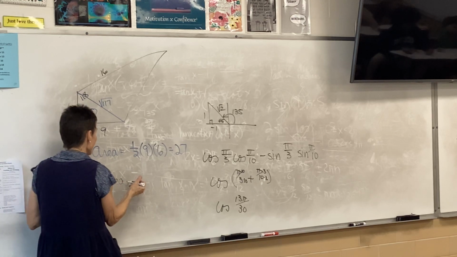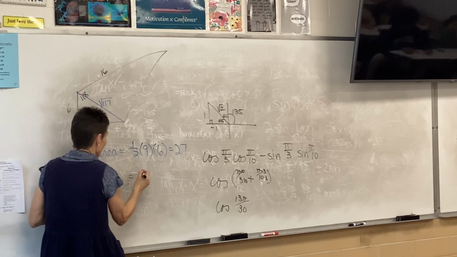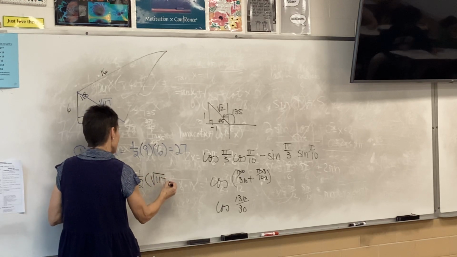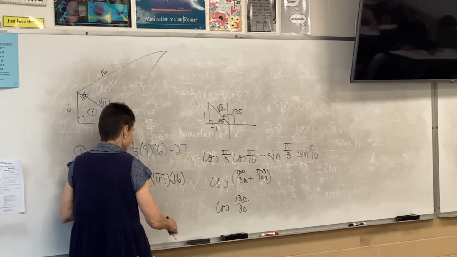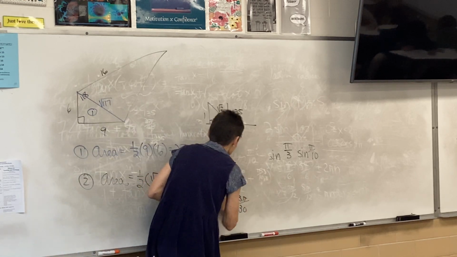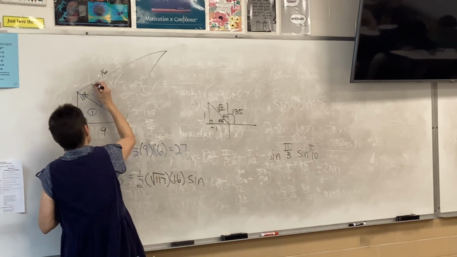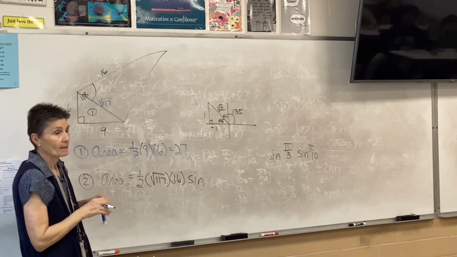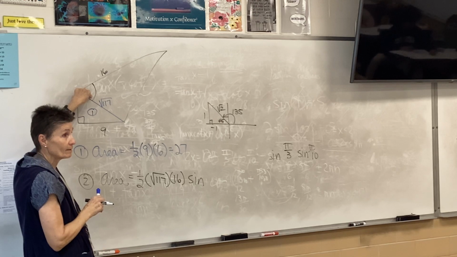So the area of my second triangle is going to be 1/2 the square root of 117 times 16 times the sine of this angle right here. Because now I have two sides, so I just need that angle right there.